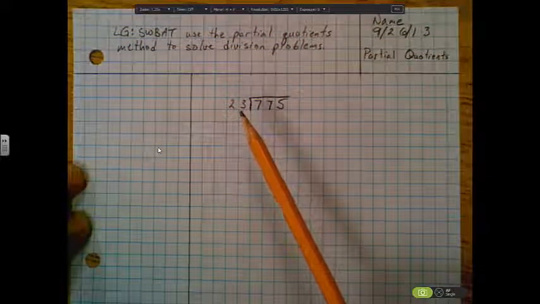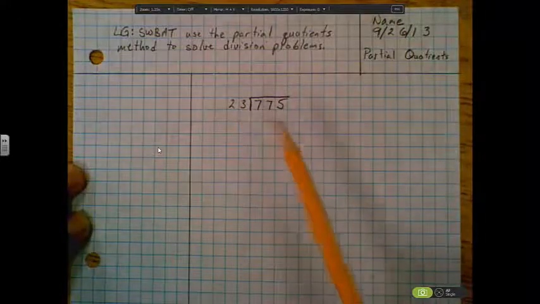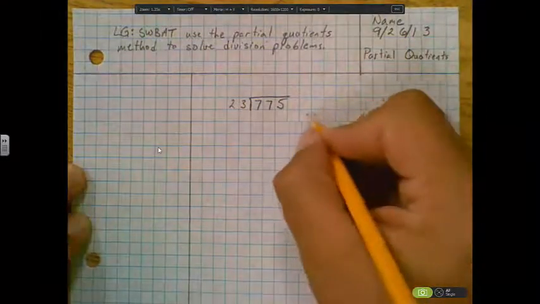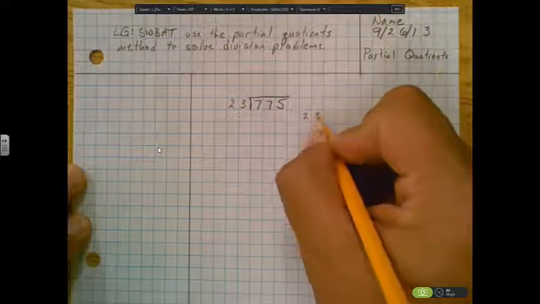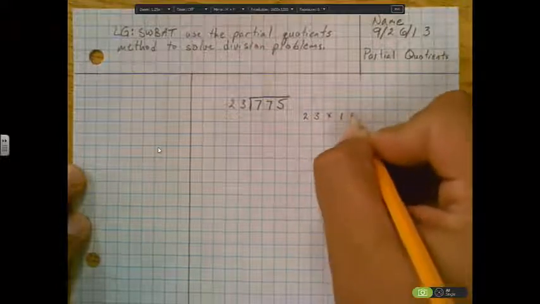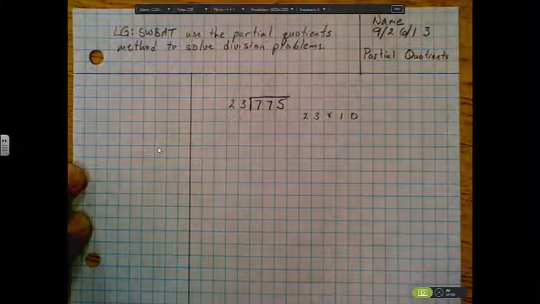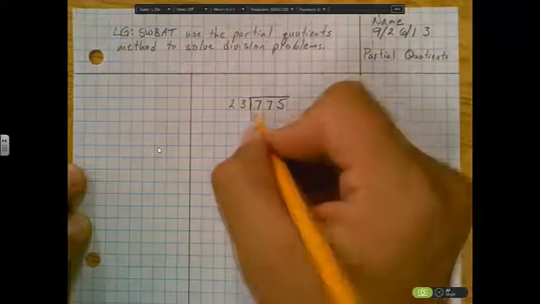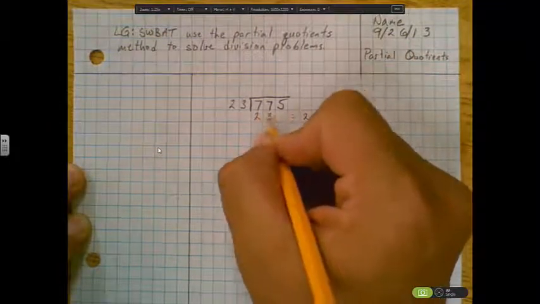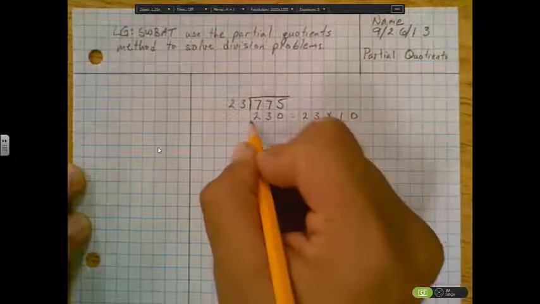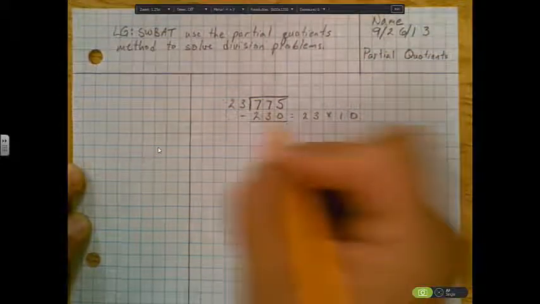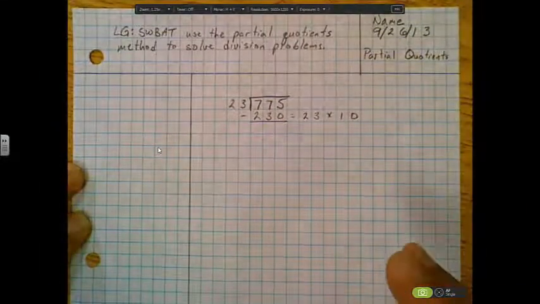The first multiple of 23 that we're going to use, we're going to try to make it simple, so we're going to use the multiple of 23 times 10. So I'm going to write that down over here. 23 times 10. Well, when you multiply 23 times 10, that's going to equal 230. We're then going to subtract, all right?